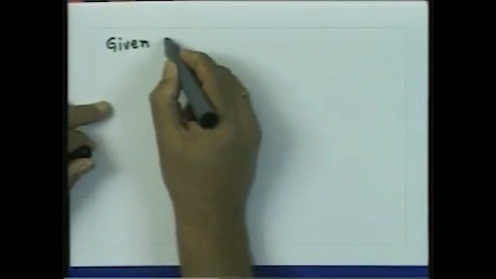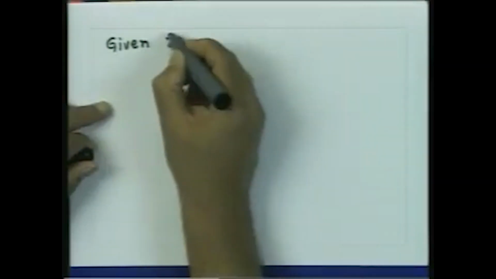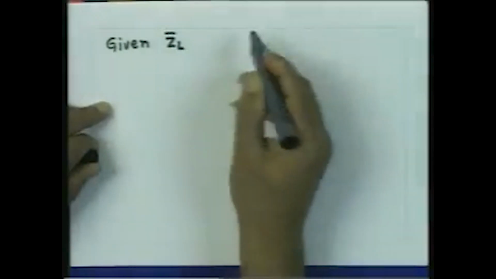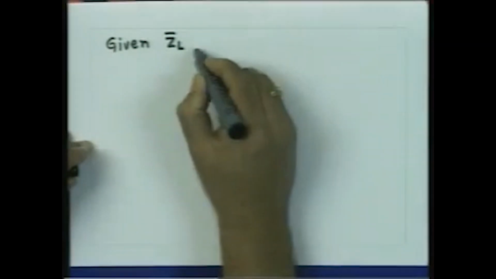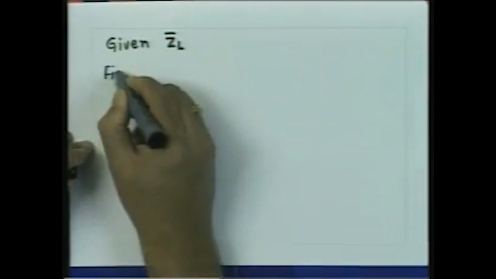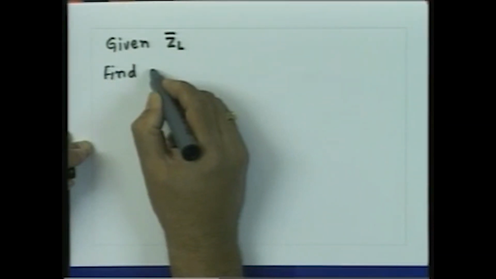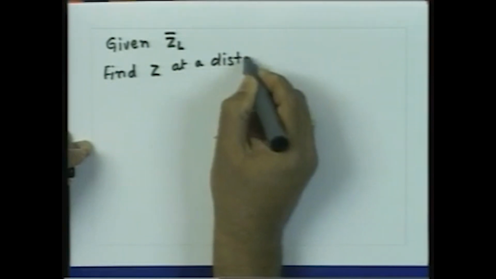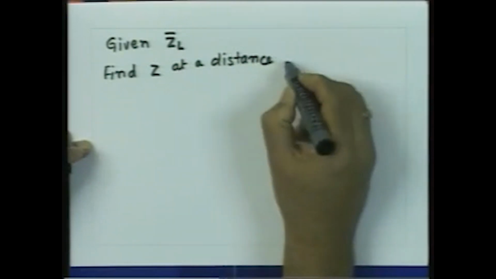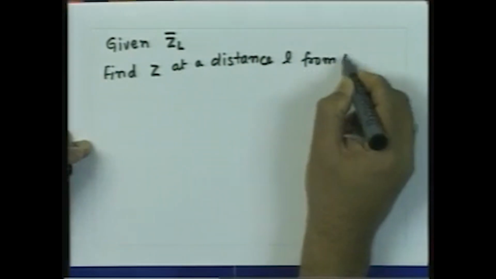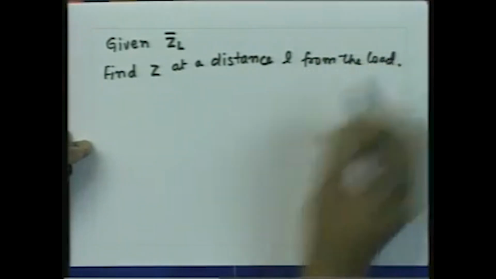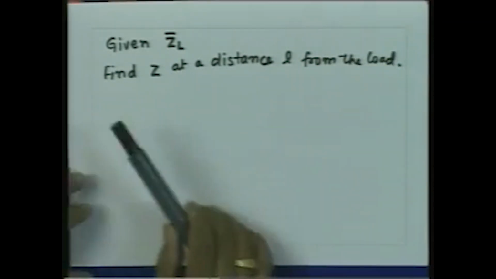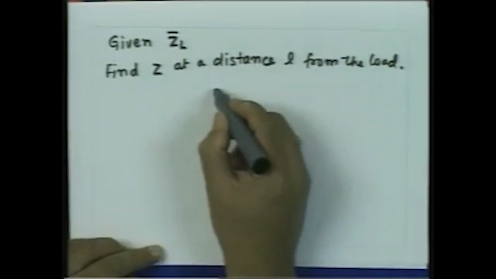So, the problem is given ZL, say normalized, or YL, and you want to find Z at a distance L from the load. Go to the Smith chart.